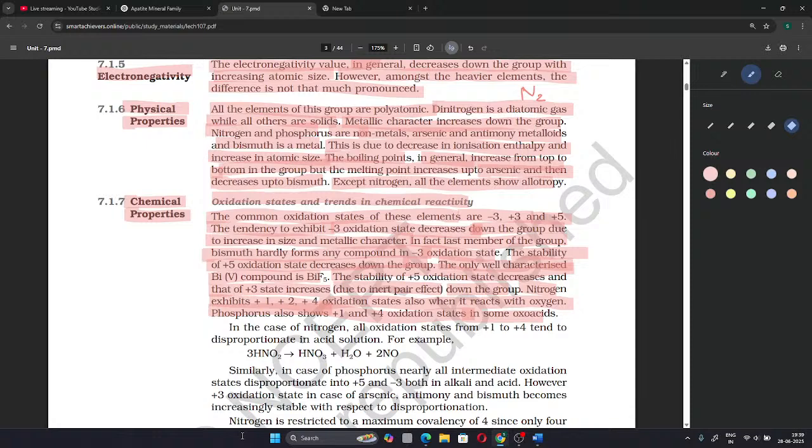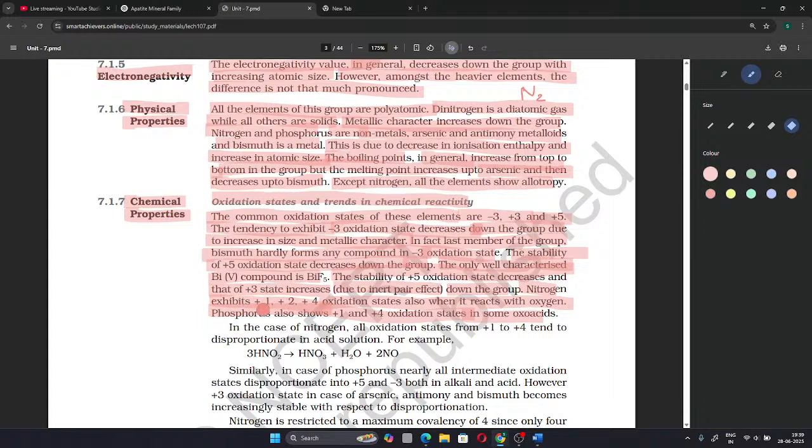This is reverse for transition elements, where the heavier atoms tend to show higher oxidation states, which is the reverse of what is here, where heavier atoms prefer lower oxidation states, because +5 is a higher oxidation state and +3 is a lower one.